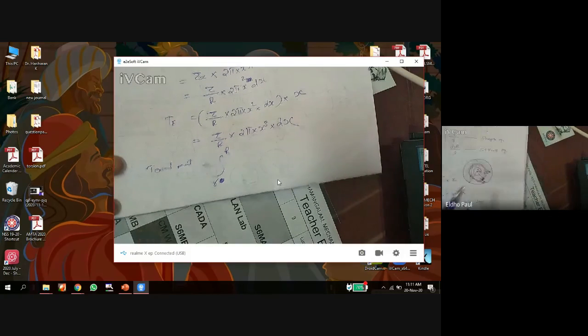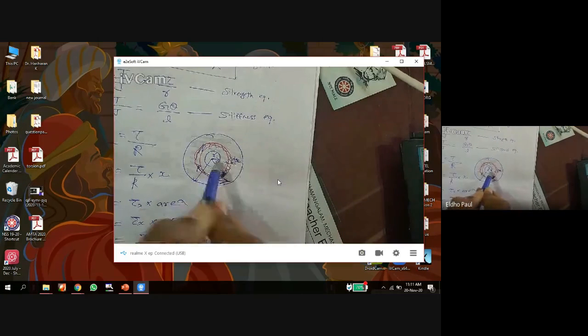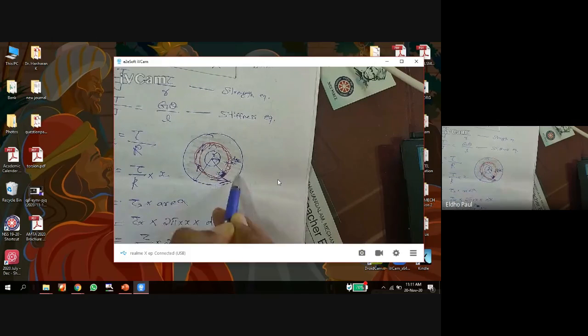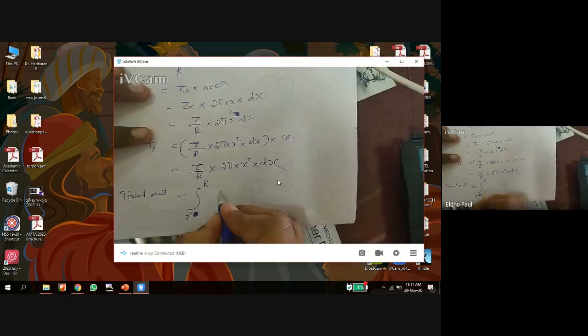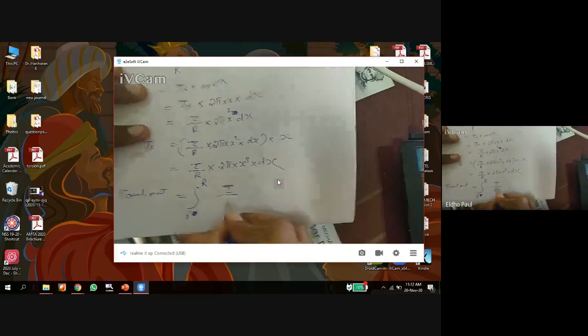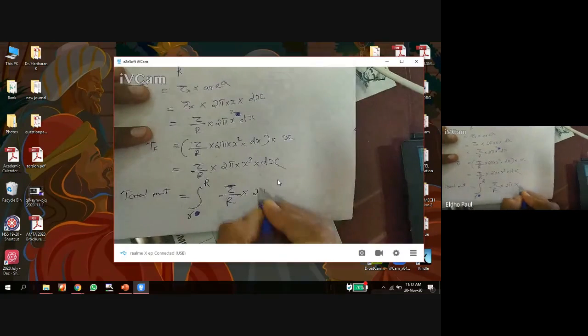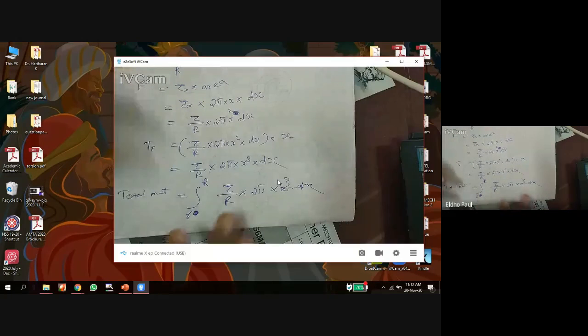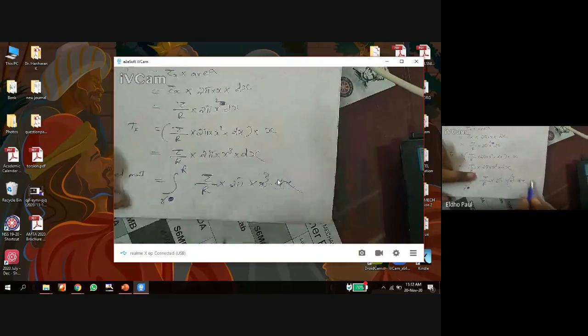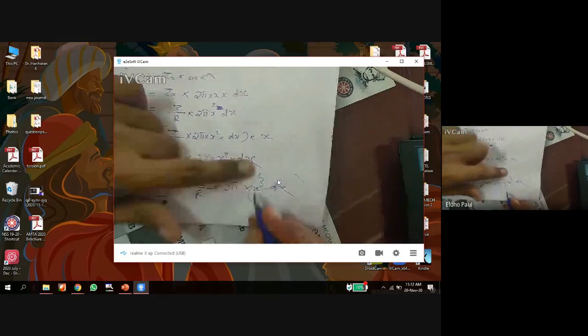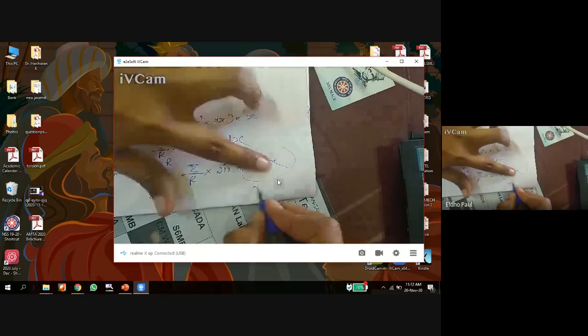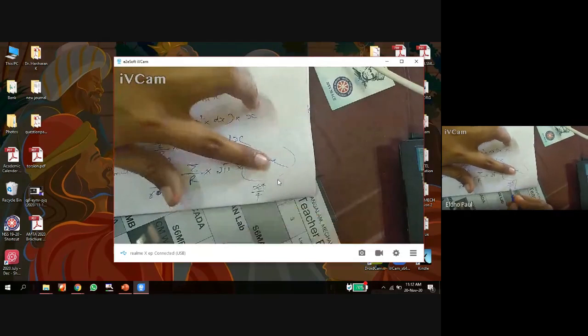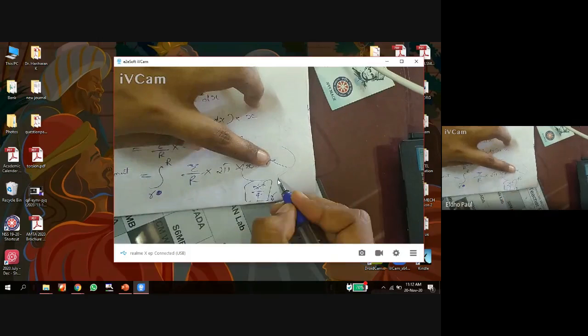But here the material starts from small r and goes to capital R, so the range is small r to capital R. After simplification, x cube integrates to x raised to 4 by 4 in the range of small r to capital R.